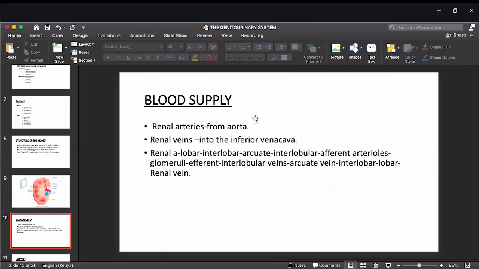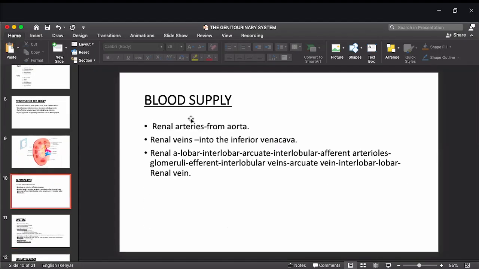Blood supply: renal arteries from the aorta, renal veins to the inferior vena cava, the lobar and interlobular arteries, arcuate arteries, afferent arterioles, and also the glomeruli. So the main blood supply is the renal arteries.